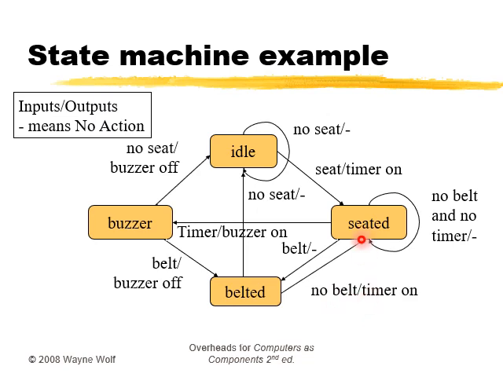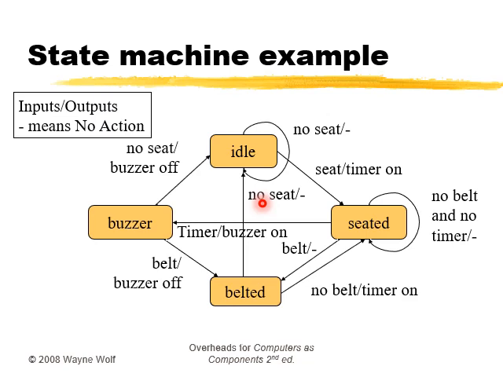And from the seated state, if it comes to the belted state, it means that we have fastened the belt, so we do not require any action, and that's why we have a dash here. If it's in the belted state and then the person gets out of the seat, it comes to idle, no seat, and no action is required. So this is the behavior of the simple seat belt controller.